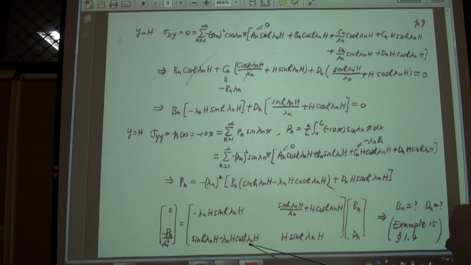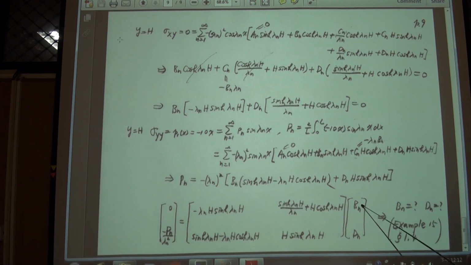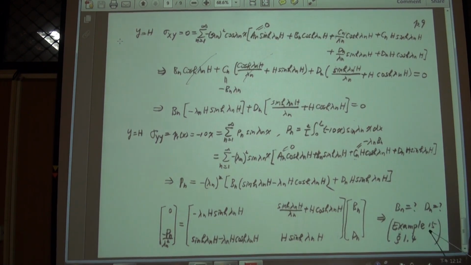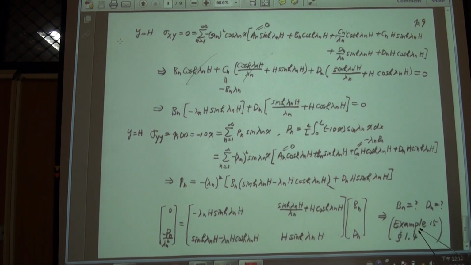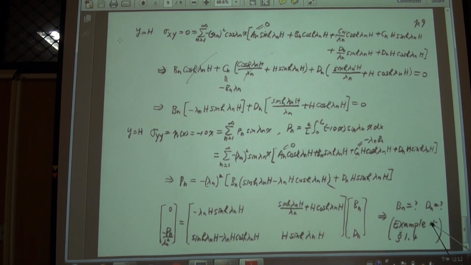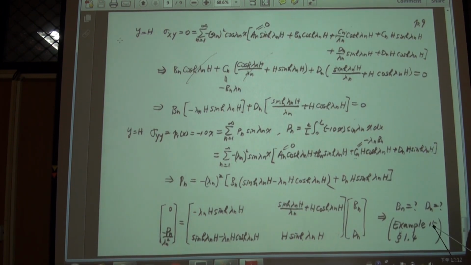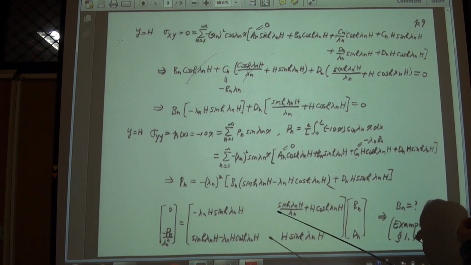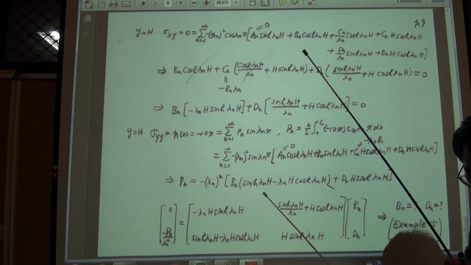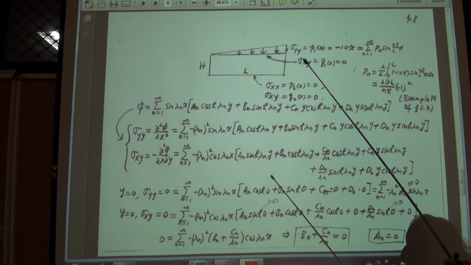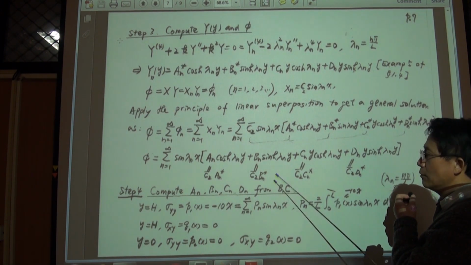So finally we get a small system of equations for solving Bn and Dn. Actually, we can figure out all of this detail in example 14 or 15 in section 1.4. Check it yourself. So as a whole, we can compute An, Bn, Cn, Dn without difficulties.